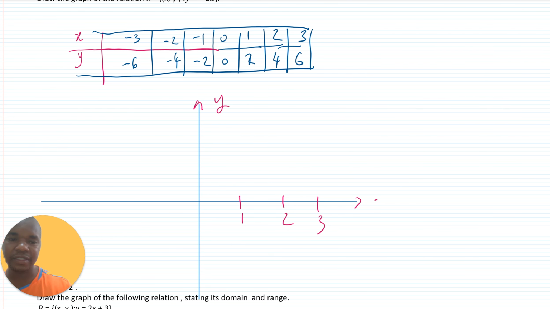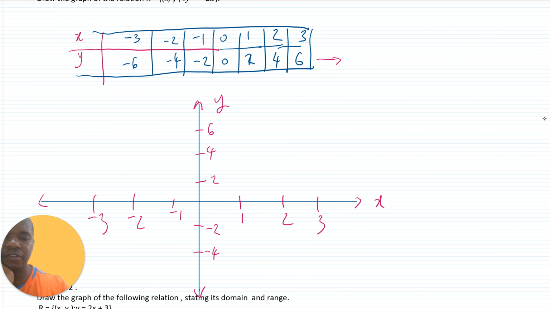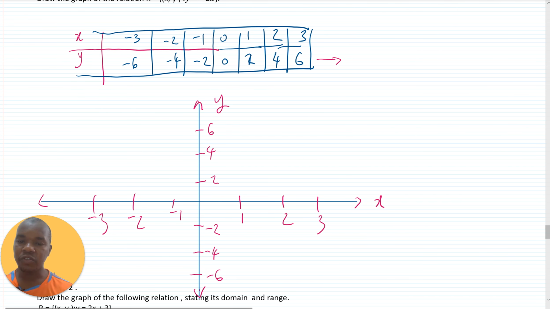This is the y-axis and this is the x-axis. Then we have -1, -2, -3. I can scale them. When we come to y, we're having 2, 4, 6. You have -2, -4, -6. It continues like that.